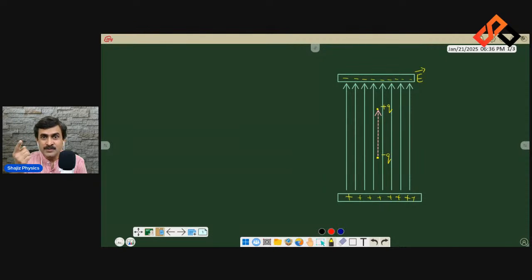Now, if it is moving, what does it mean? It means some external unbalanced force acts, according to Newton's first law. Because every body should continue its state of rest or of uniform motion unless it is acted upon by an external unbalanced force.